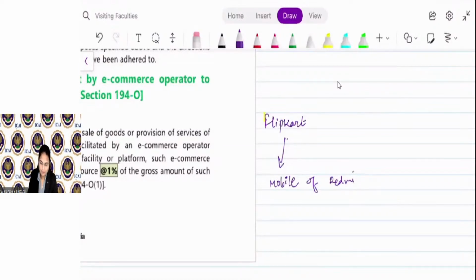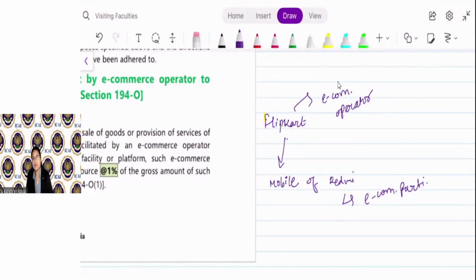So here Flipkart is the e-commerce operator and Redmi is the e-commerce participant. Okay. So say for example, Mr. X purchased a mobile of Redmi from Flipkart worth rupees 25,000.